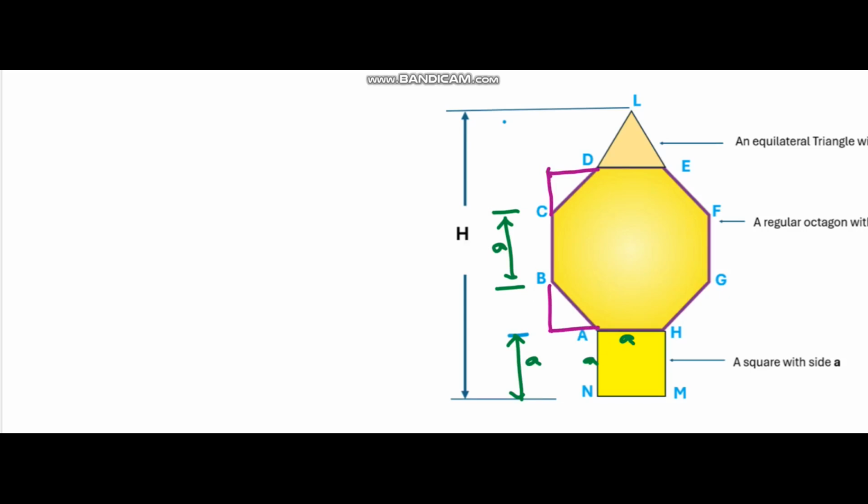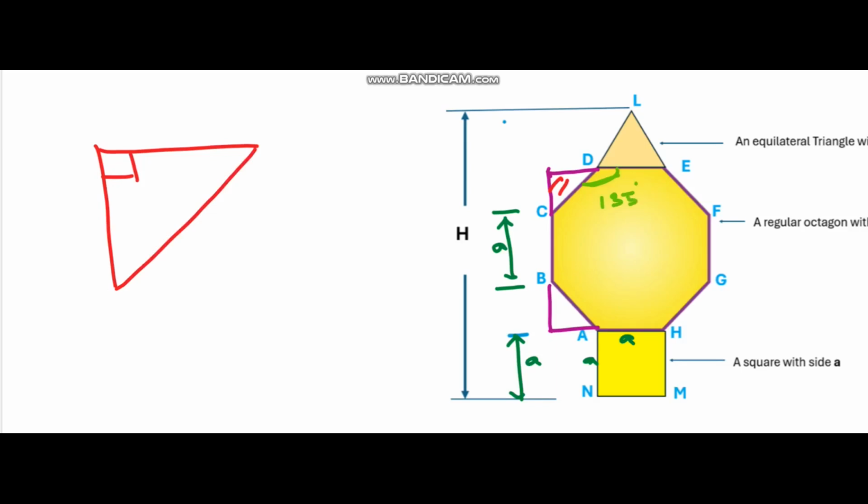So let's make a copy of this triangle here. So that is 90 degrees. This angle here is 135 degrees.